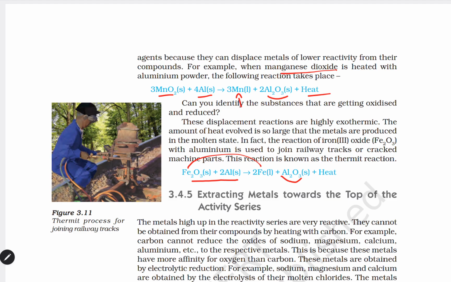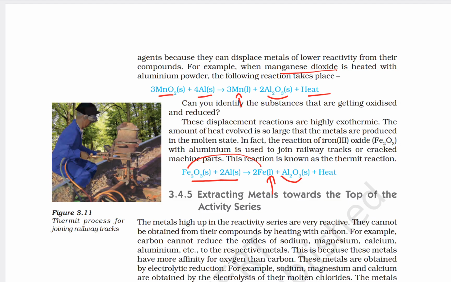These displacement reactions are highly exothermic, as you know already. They release so much heat that the metals are produced in the molten state. Here you get the manganese in liquid form, and iron is also in the molten state. The reaction of iron oxide with aluminium is used to join railway tracks or cracked machine parts.